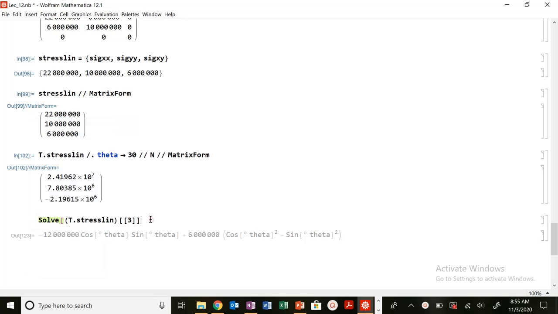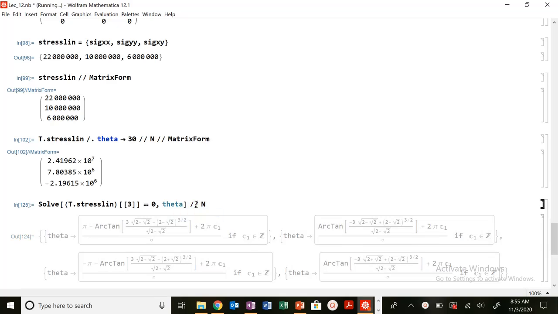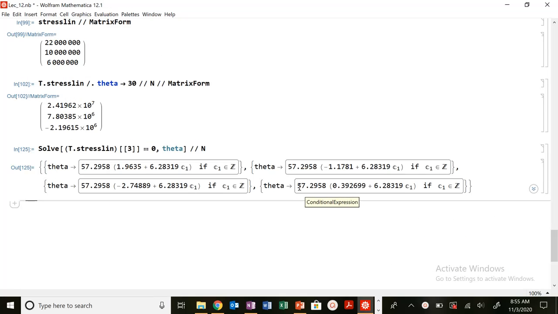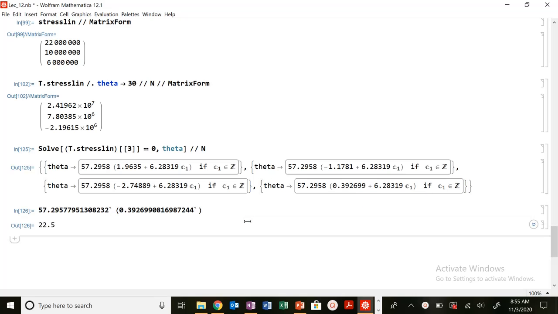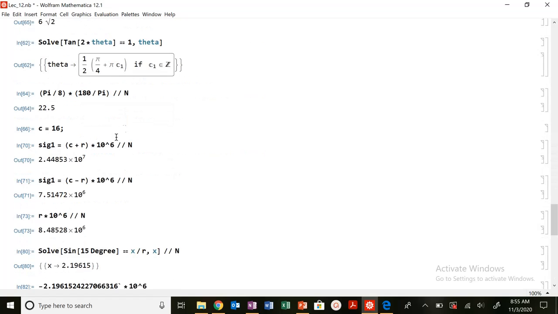So solve here for this equal to 0, solve for theta, and I get my answer here. I want to look at it numerically, so I'll do this, and then here I could pull out my solution, and this is just going to be 22.5 degrees, which matches what we've seen previously with the Mohr circle approach, and then again with our other approach as well.